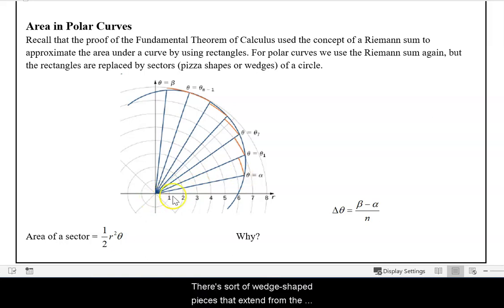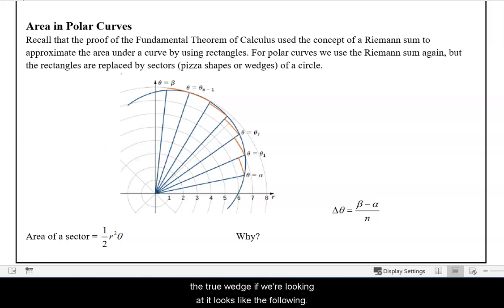They're sort of wedge-shaped pieces that extend from the pole out to where it touches the axis, and then with a line coming across that would create essentially a triangular bottom. In fact, the true wedge does not have a triangular bottom.